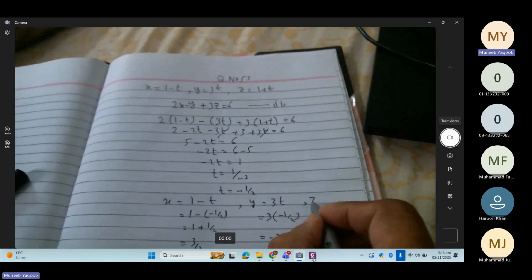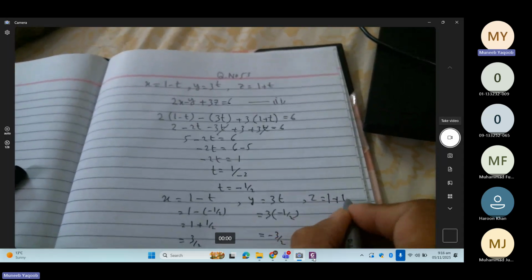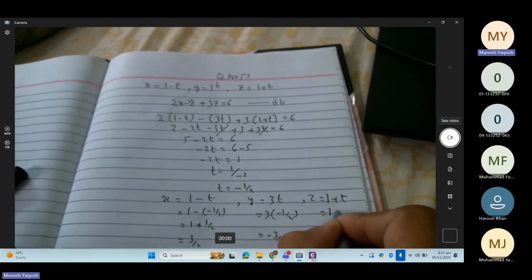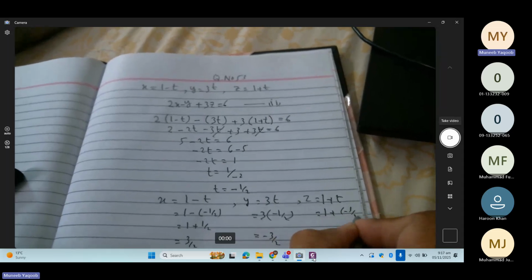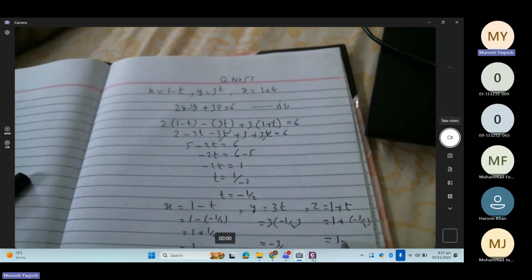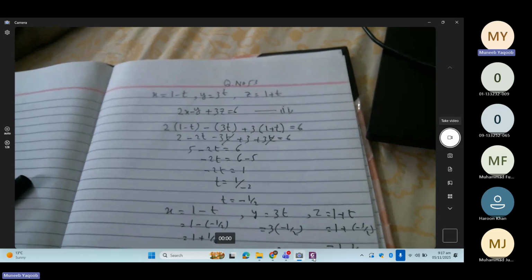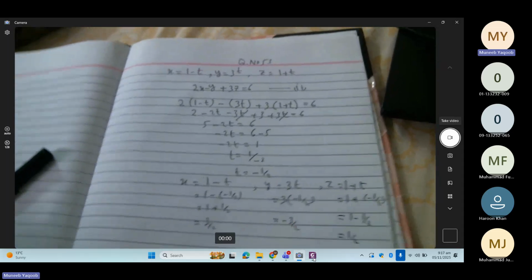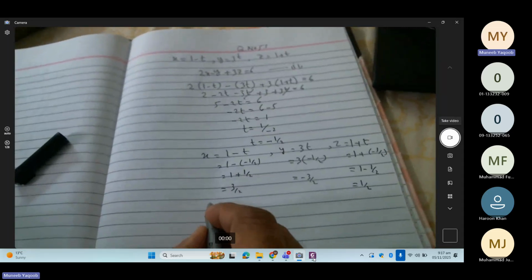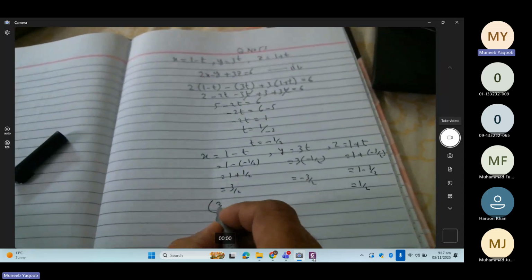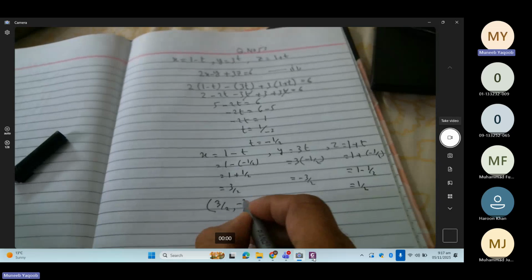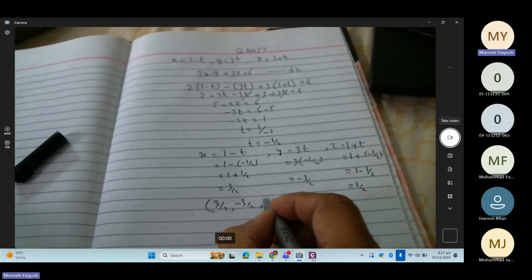Similarly, our z is 1 plus t, so 1 plus minus 1 upon 2, which is 1 upon 2. So finally, the point of intersection is 3 by 2, comma, minus 3 by 2, comma, 1 upon 2.